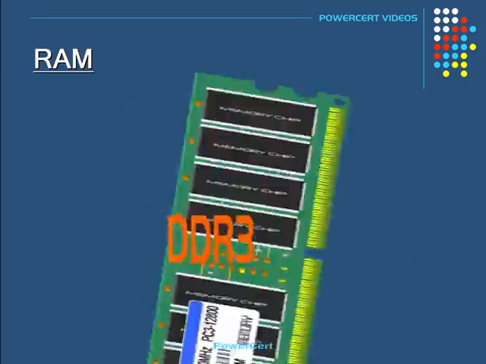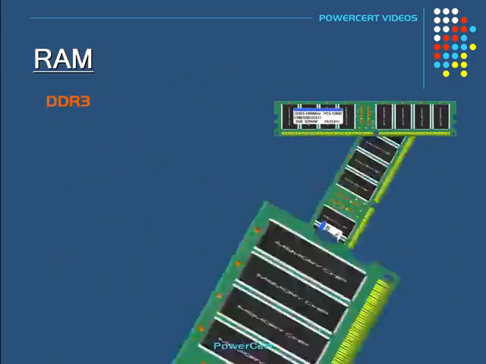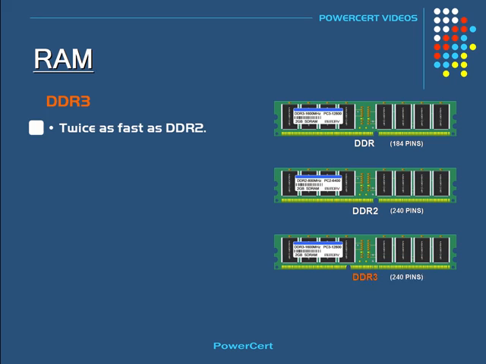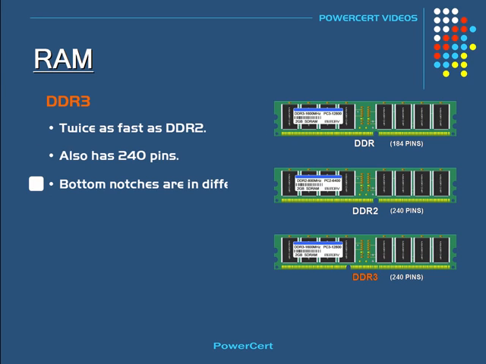And right after DDR2 is DDR3. DDR3 is twice as fast as DDR2, and it also uses less power than DDR2. And just like DDR2, DDR3 also has 240 pins, but the notches in the DIMMs are in different places.